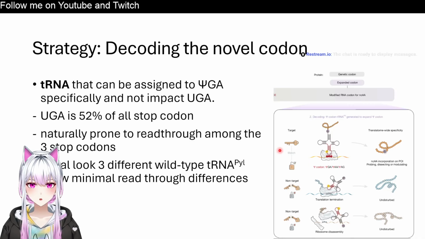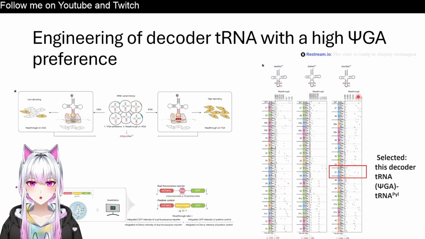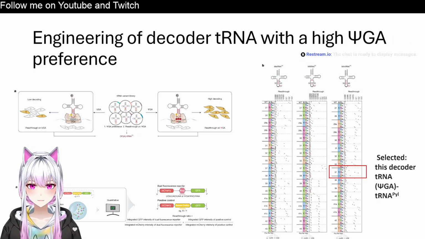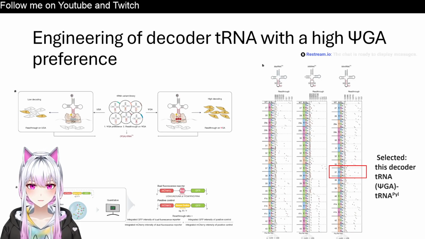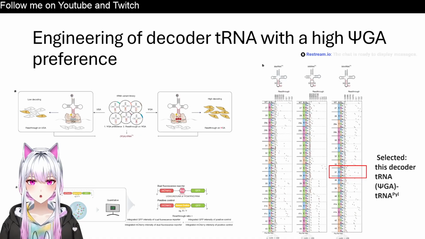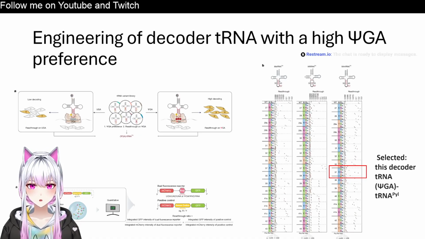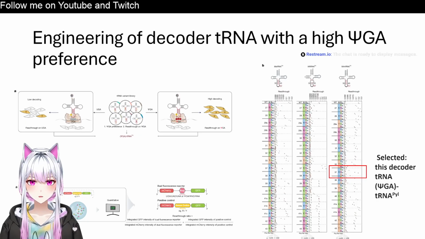So how they first started is they looked at 3 different types of tRNA, which show minimal residue differences. The 3 of them are identified right here, the 3 different species. They particularly only focus on engineering the anti-codon stem loop, and the reason is because this ASL, the anti-codon stem loop, has stability, flexibility, and proximal interactions of the tRNA to the target anti-codon site.